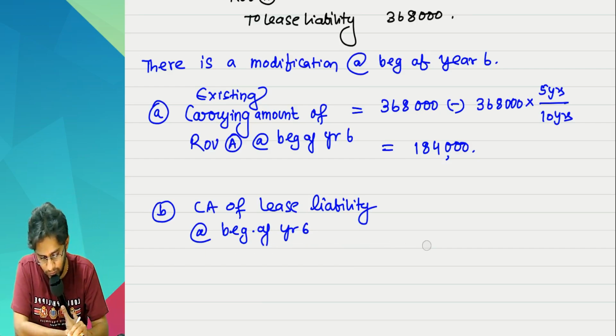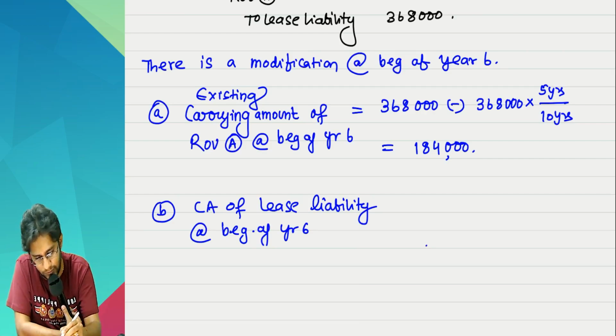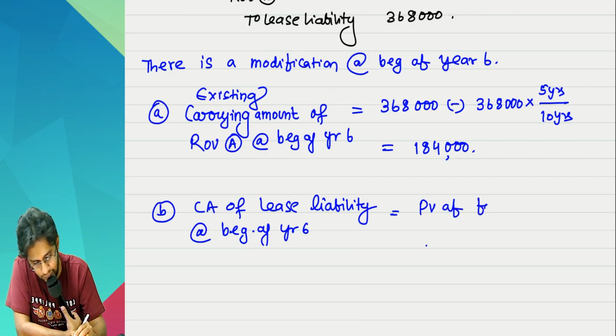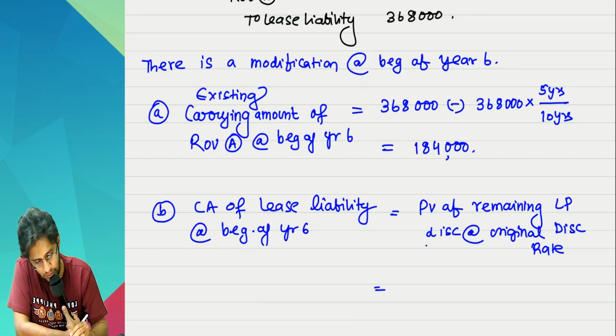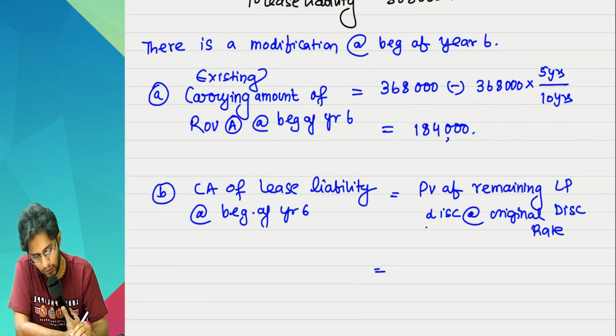Already we proved it in Ind AS 109. No, again and again, how many times will you prove? It is equal to the present value of future lease payments, the remaining lease payments discounted at the original discounting rate. Remaining lease payments are for how many years? 5 years.